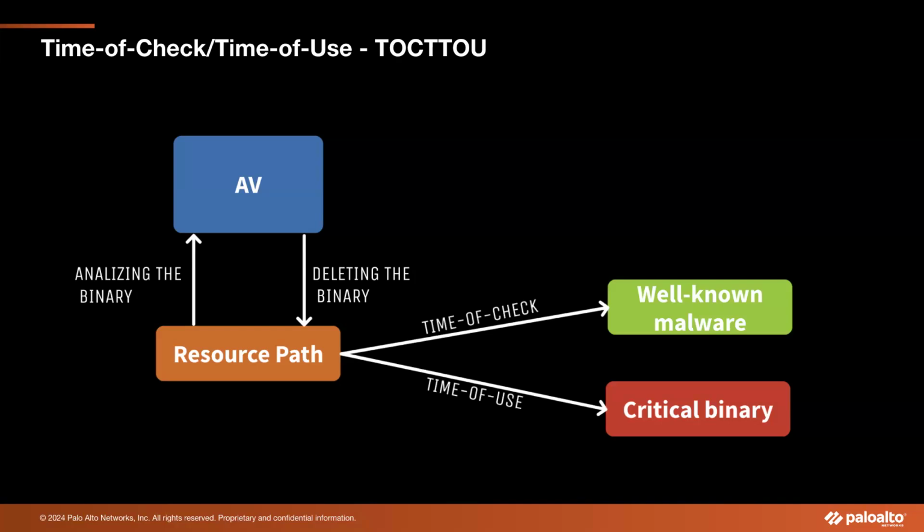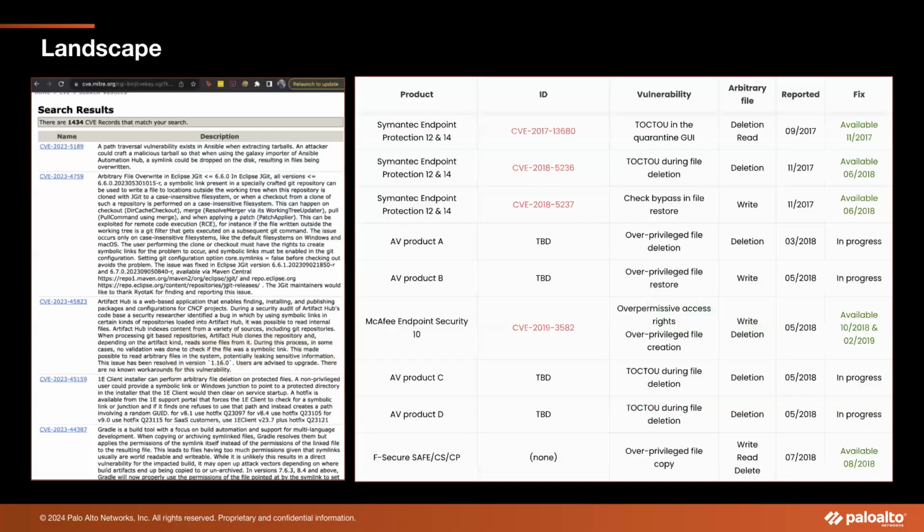So this is the typical scenario that you're going to find when you check for this type of bug on the internet, but actually it's not only for deleting files. It could also be for leaking information or creating binaries where they shouldn't be, so you can also execute code. So the landscape, as I mentioned, many antiviruses have reported this issue within the past years.